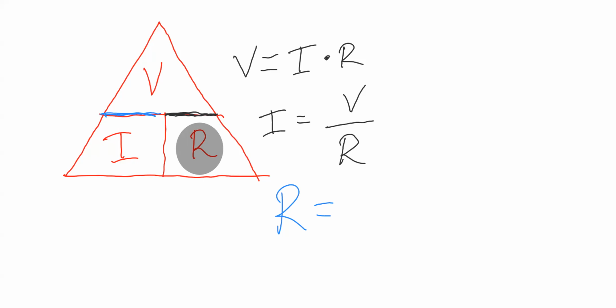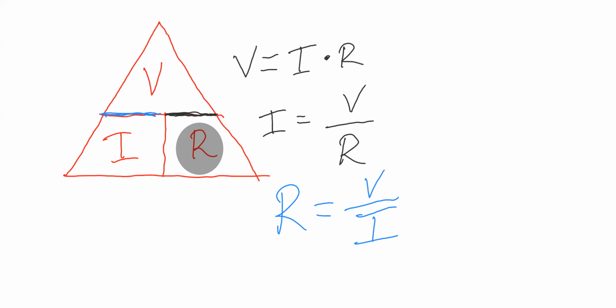We see V over I. And these are the three different ways that we can manipulate Ohm's law, depending what we're looking for.